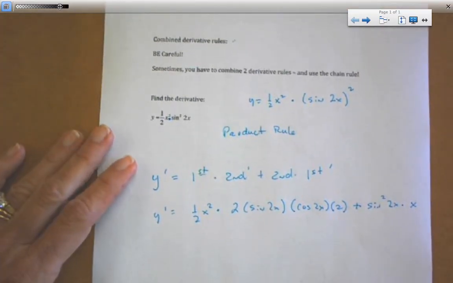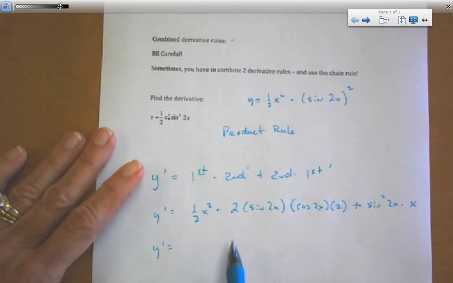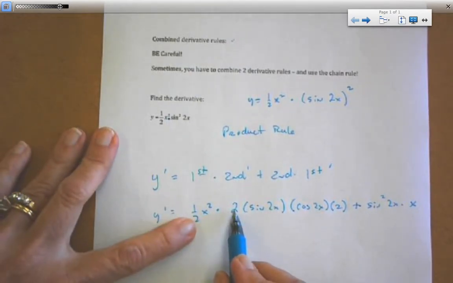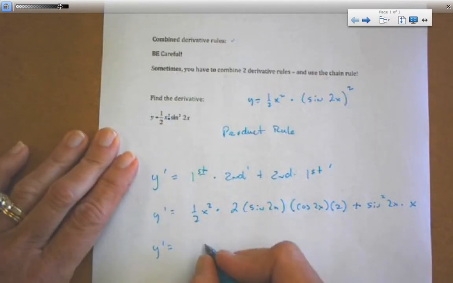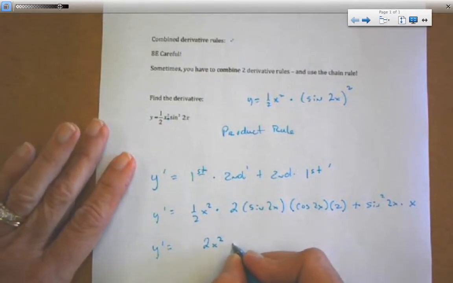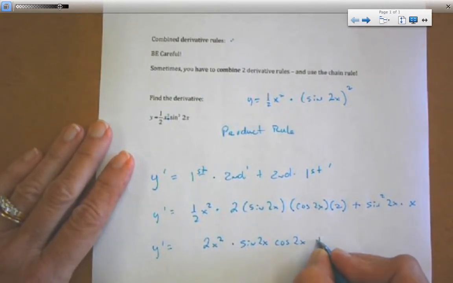Now I'm going to see if there's anything I can factor or simplify. Let's simplify first, because these 2's would drop out. And I'm going to use the commutative property, bring this 2 with this x squared. So it gives me 2x squared times sine 2x cosine 2x plus x sine 2x.